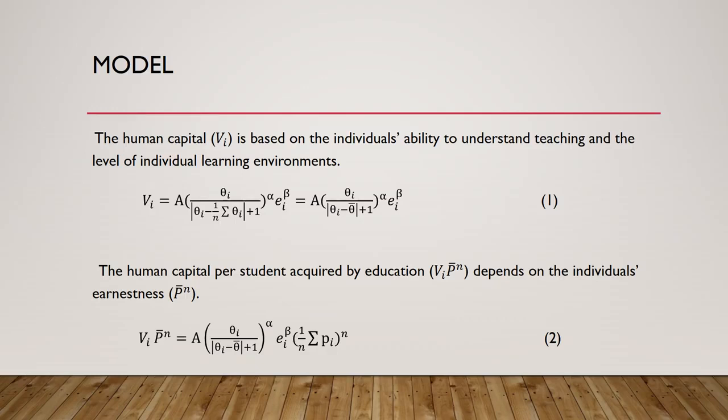Moreover, when an individual's ability to understand teaching gets closer to the average level of understanding in the classroom, individual human capital increases because the level of teaching and teaching style usually focus on the level of a student whose ability is average in the classroom.